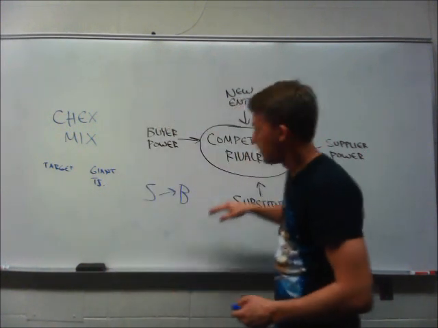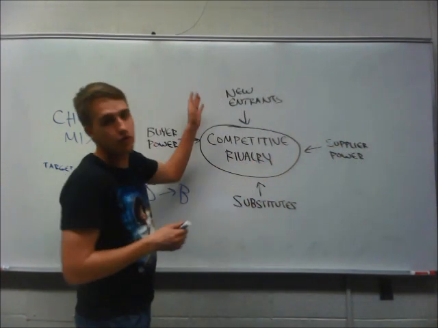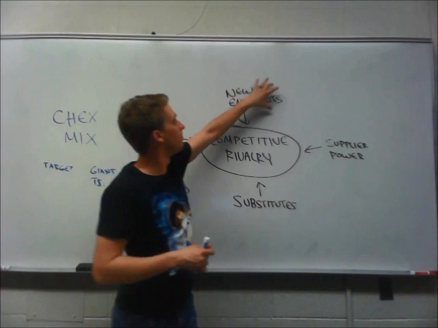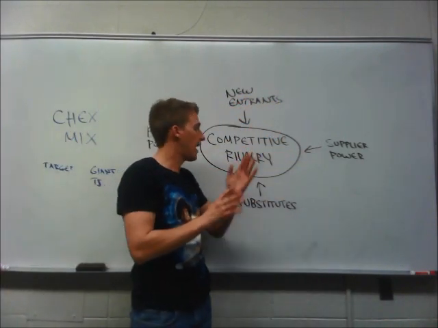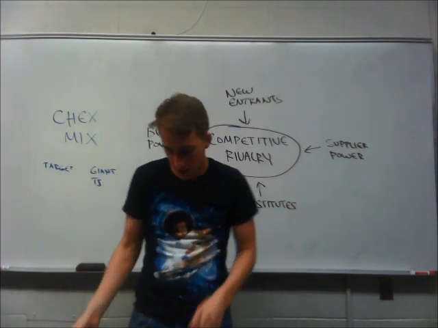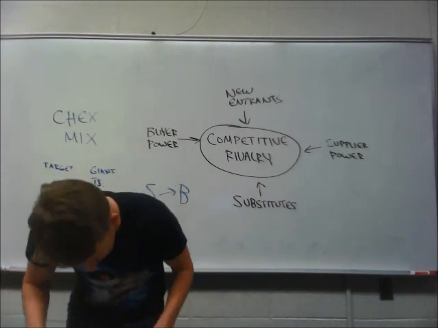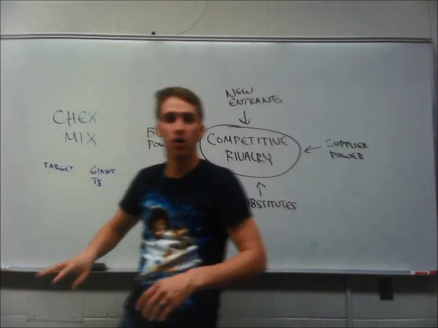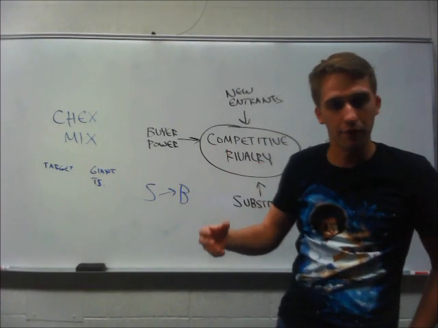Okay, and then one of the other ones: threat of new entrants. This would also play a role in affecting how the industry works. Firms that are new, we call them incumbent firms.